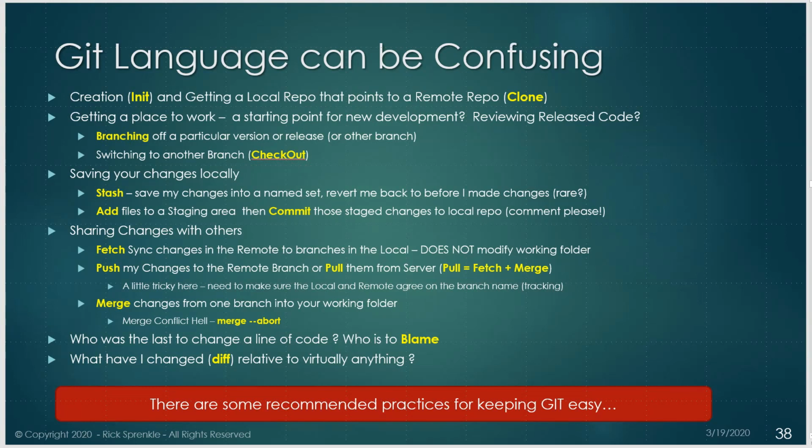If you want to understand what changes people have made to their development branches while you've been working on yours, you can do the fetch command. And that will bring changes in the remote branches down to your local repository. It's important to realize that it does not modify your working folder files. So all fetch does is read the database on the remote repository, and you can selectively fetch different things.